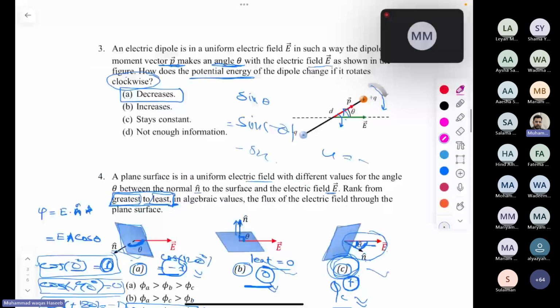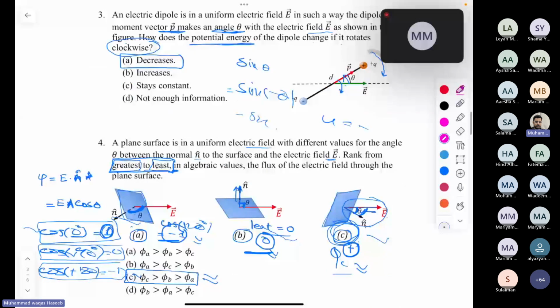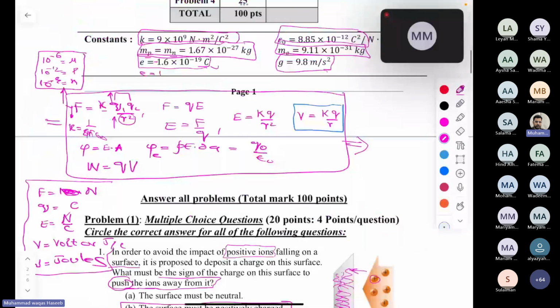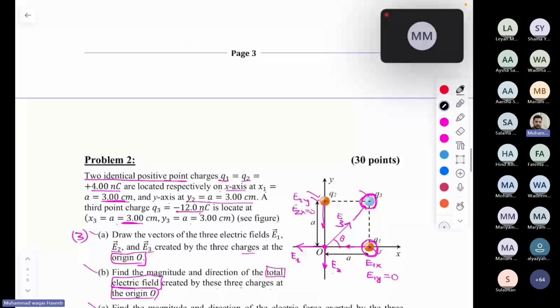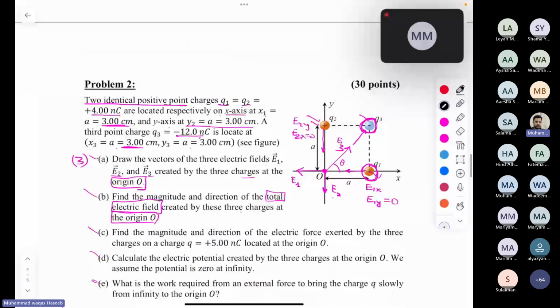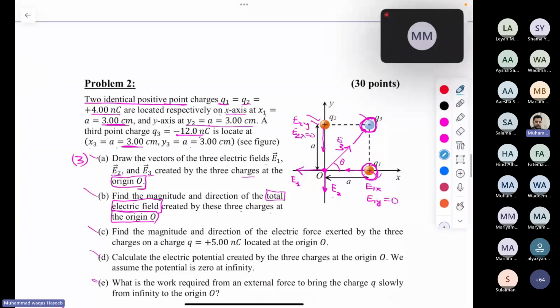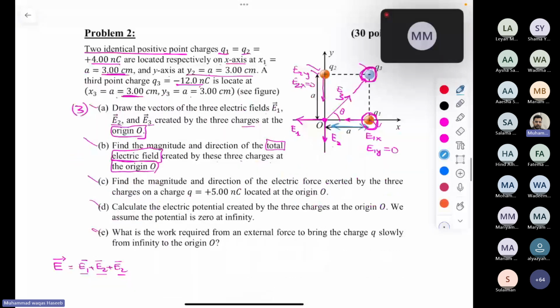So the electric field due to a point charge is E equals k q over r squared. We have a charge q and a distance a apart, so we can calculate the electric field.